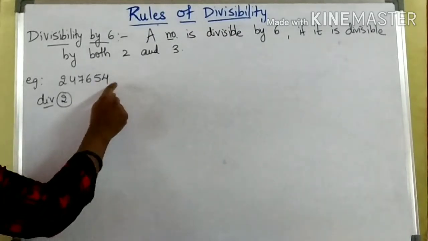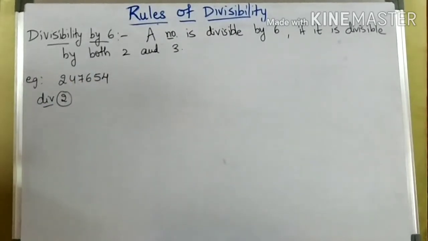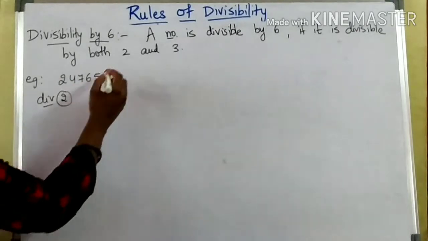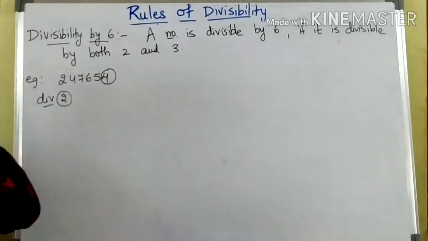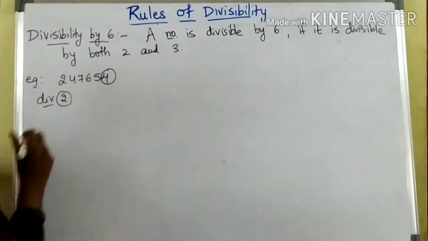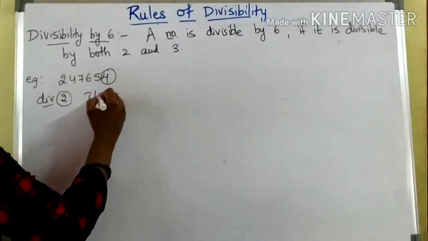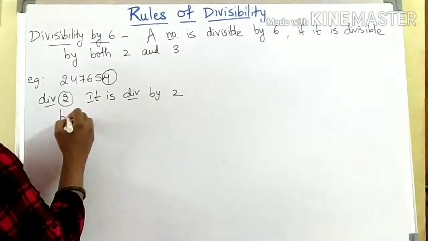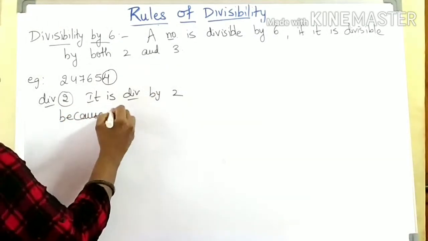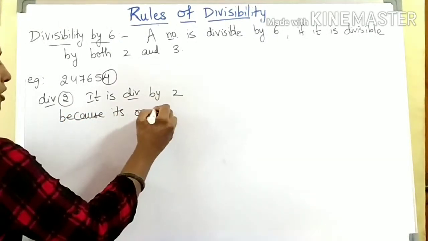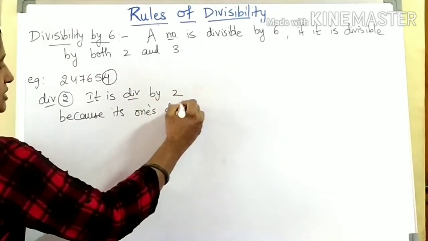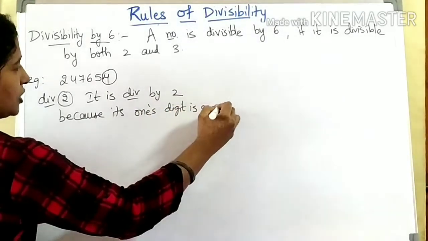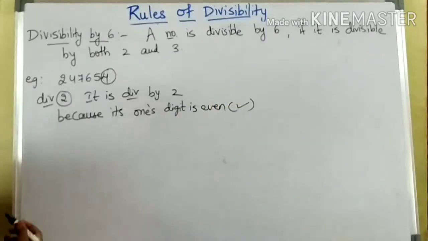If the last ones digit is even, then we can say that the number is divisible by 2. What is the last digit here? 4. 4 is an even number. So, yes, it is divisible by 2 because its ones digit is even. So it is satisfying divisibility by 2.